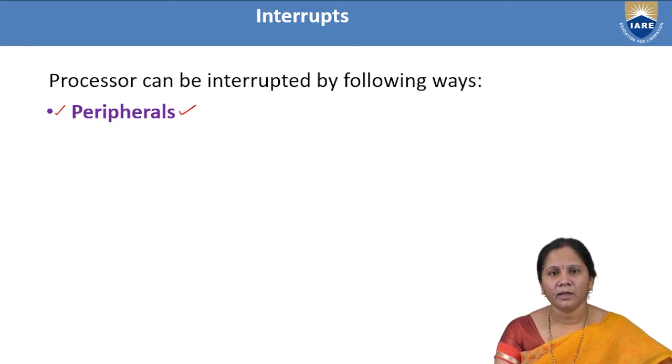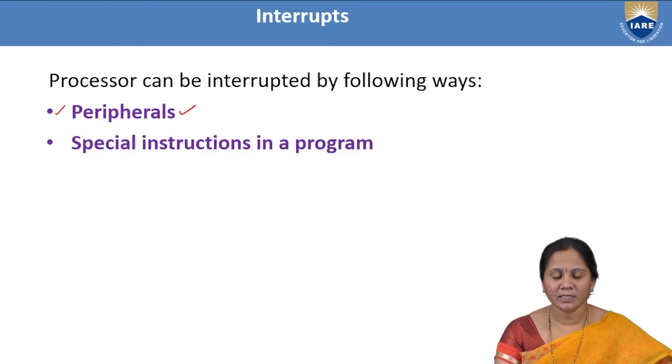Another way to generate interrupts is because of special instructions in the program. For example, if we use special instructions in the form INT N, that N value represents the type number.